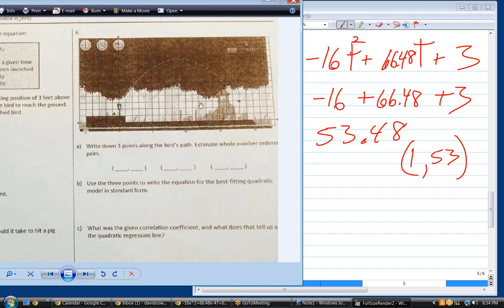Alright, and then another one would be... Let's try to find a point that crosses where it's whole numbers for both of them, like right there. What is the x-axis position right there? Looks like 2, 4, 6. What's the y-coordinate? No, it's much more than 6.